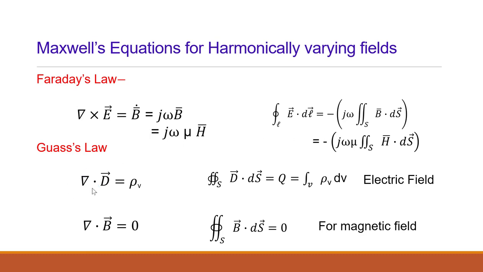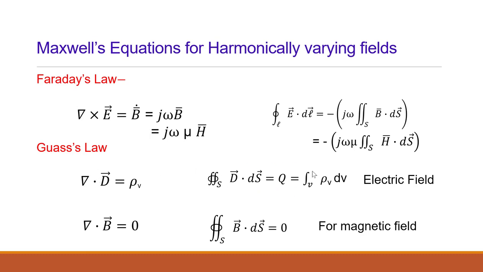By Gauss law, what we got, del dot D bar is equal to rho v, right? So in integral form, it is closed surface integration of D dot ds is equal to Q, and it is triple integration of rho v dv for electric field.